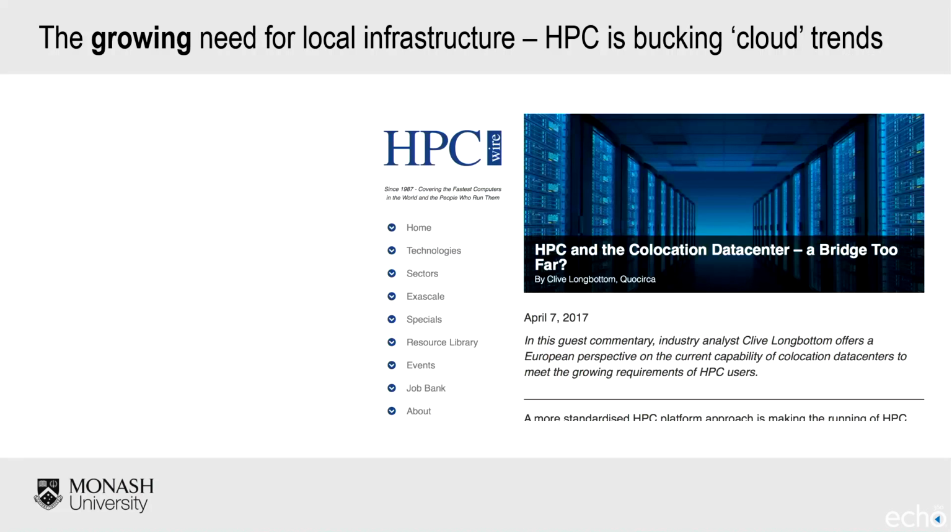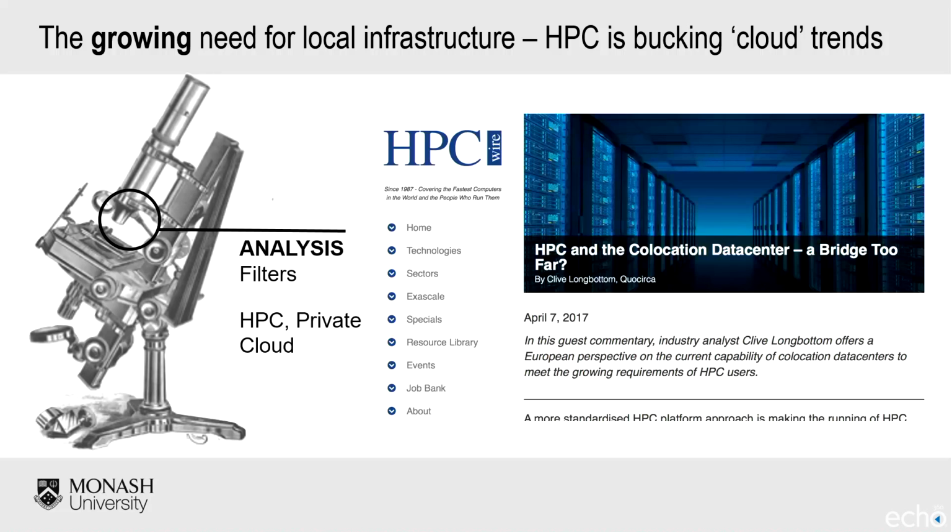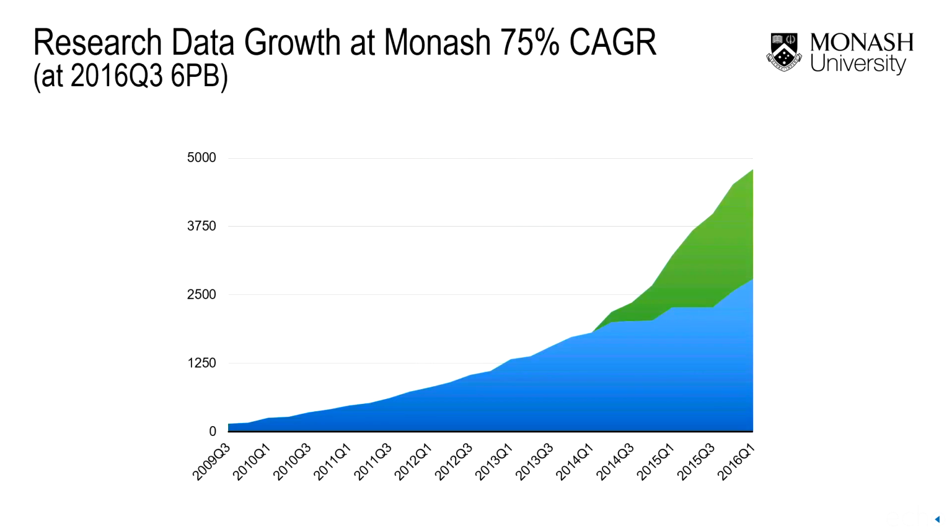Now, there's a growing need for local infrastructure. In a way, I want to point out that high-performance computing, in particular, that middle layer of our microscope, is bucking some of the trends that we're seeing. And how am I going to prove this, or how am I going to give you the evidence of this? And you can't go past this. Now, this graph here is the amount of data that our institutional data storage facility is storing.